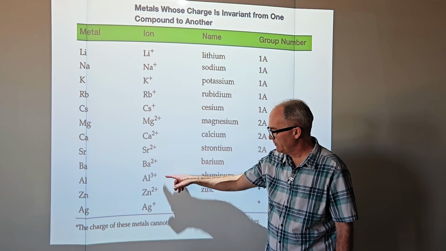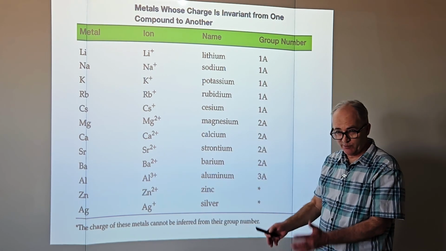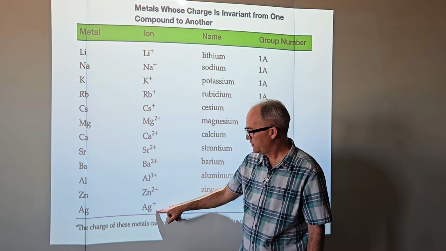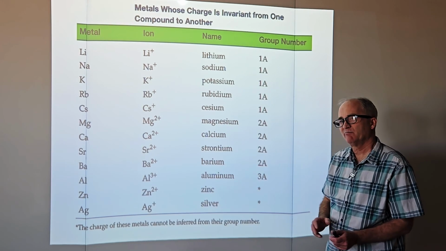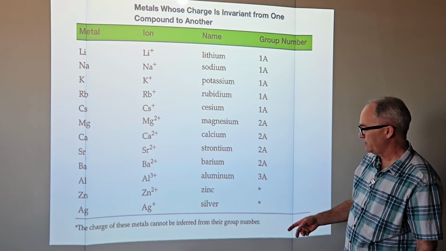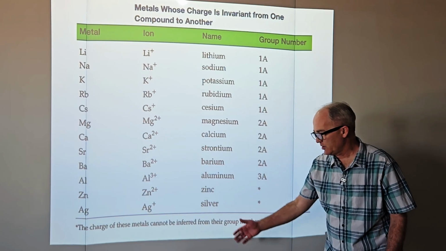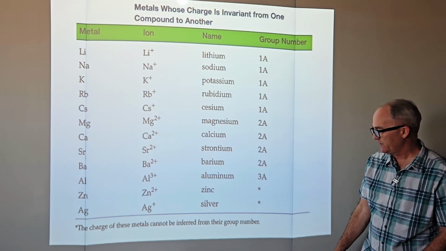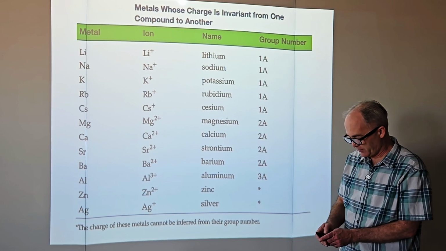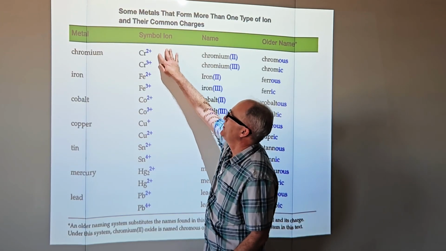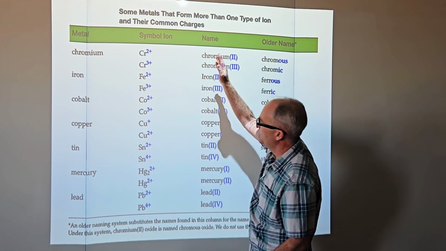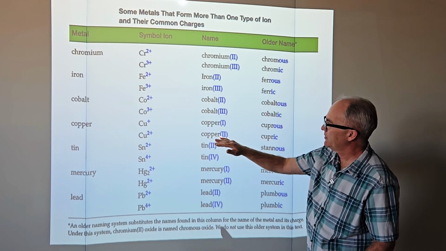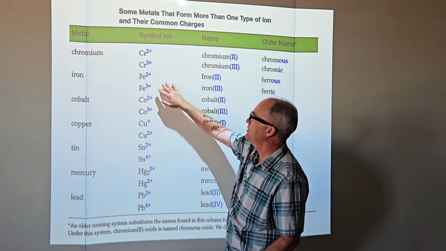Now here's aluminum. It's in the P block and there's a Roman numeral 3 there. So here are the only D block metals that for the most part have fixed charge, so they make the list. And it says here the charge of these metals cannot be inferred from where they appear in the periodic table. So chromium 2, chromium 3, there's chromium 6. There's too many of a lot of these to put all in one table.